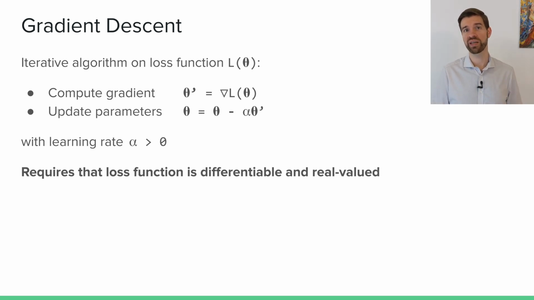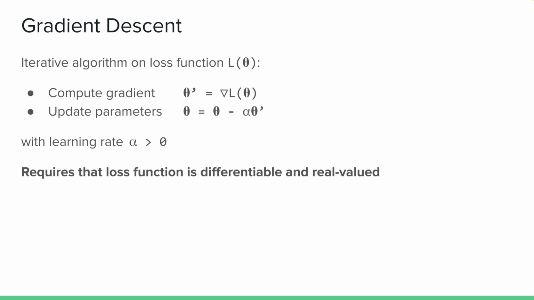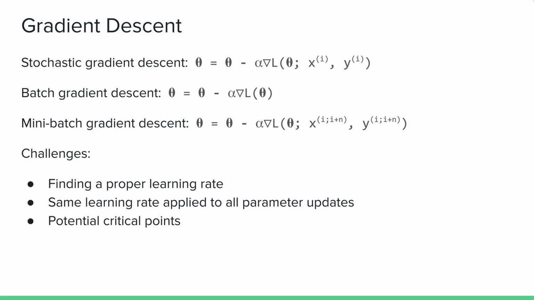And then we can actually take a step. This is called the update parameter step, where we take a step in that direction. The step size that we use here is called the learning rate alpha, which has to be a positive value. And as I said before, this requires that our loss function is differentiable and real valued. There are a couple of terms that are usually used here.